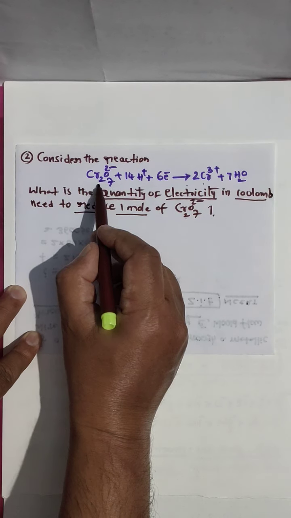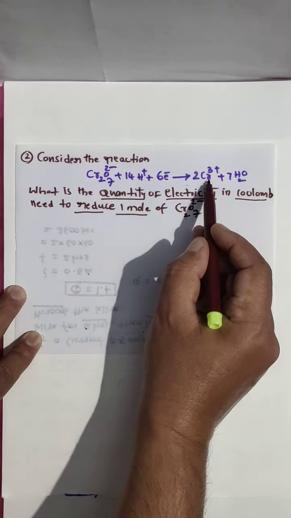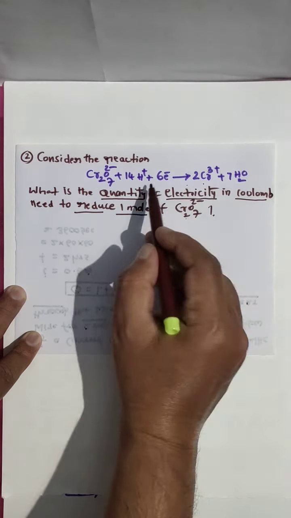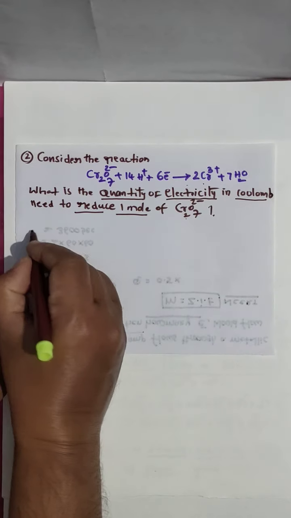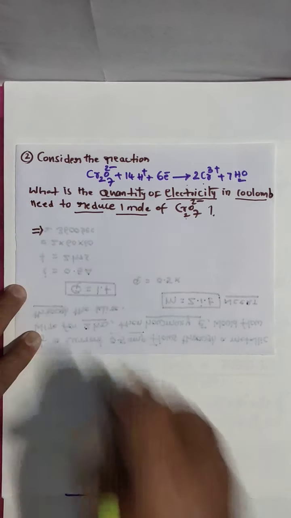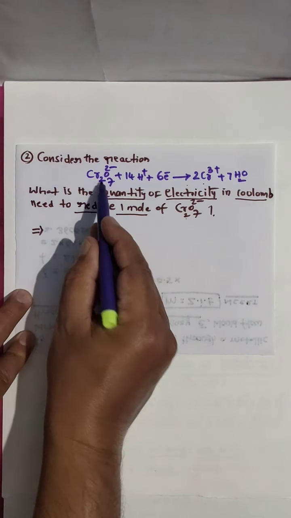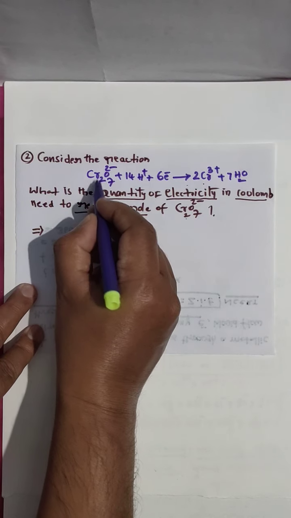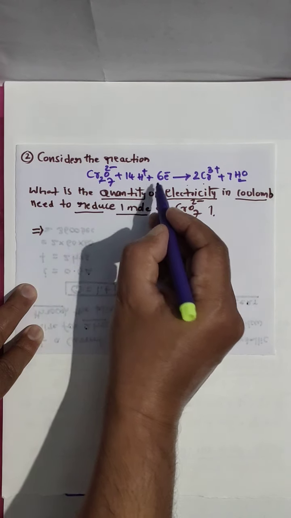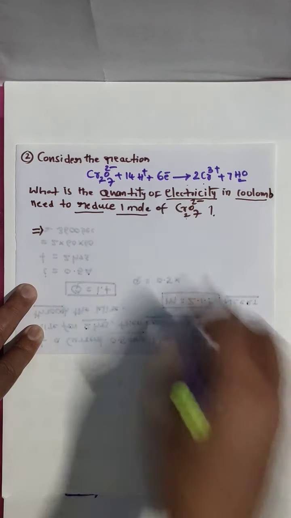Means Cr2O7 2 minus to Cr3 plus we have to reduce. For that, how much electricity is required? Look here, by looking at this equation, this is 1 mole. And how many electrons are there? 6 electrons.